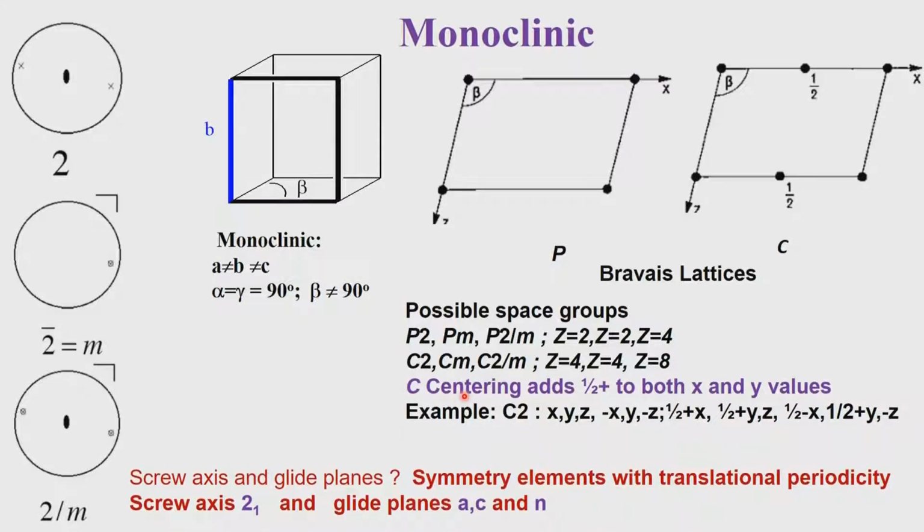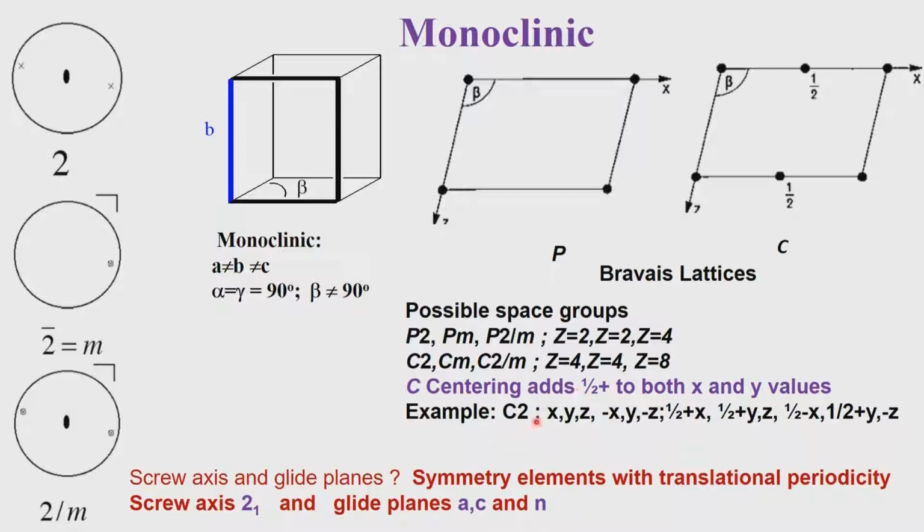Let me repeat, you add half to x and half to y in case you have a C centered lattice, and in case of an A centered lattice you leave out the A that is corresponding to the value of x and add half to y and half to z, and in case you have a B centered lattice, add a half to x and half to z, leave out B. So, this way you generate double the equivalent points. So, when we have a primitive cell, it doubles in the case of a C centered lattice. So, you therefore have 4, 4 and 8 respectively.